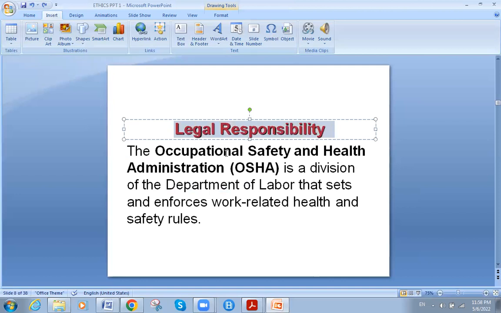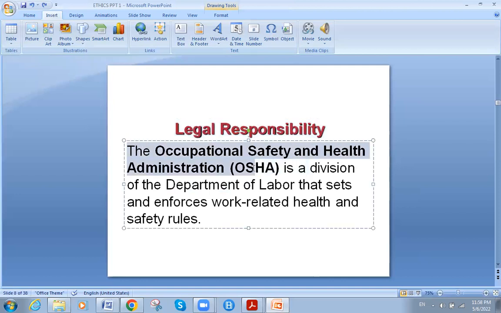The legal responsibility, still we are talking about it. The Occupational Safety and Health Administration, OSHA, is a division of the Department of Labor that sets and enforces work-related health and safety rules. Of course, governments, not only in the States and Canada but in every place in the world, care about the workers.